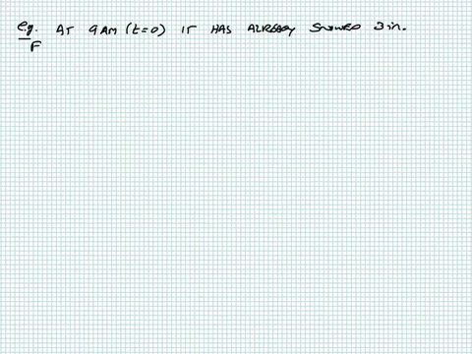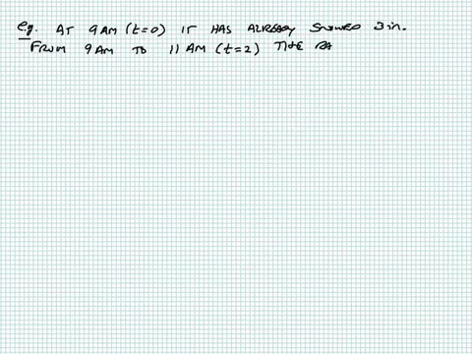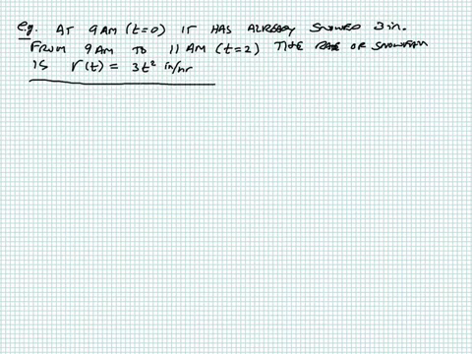And from 9 a.m. to 11 a.m., and we'll call 11 a.m. t equals 2 hours, the rate of snowfall is modeled as 3t squared inches per hour. So that's the rate that it is snowing.